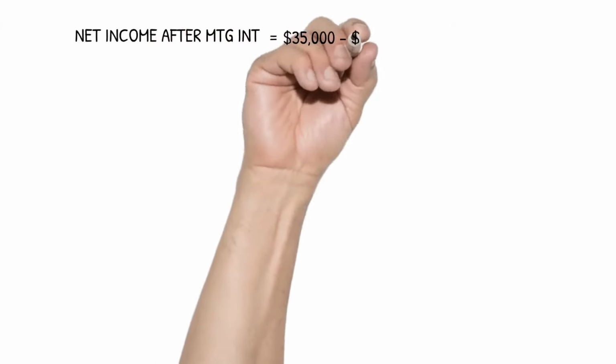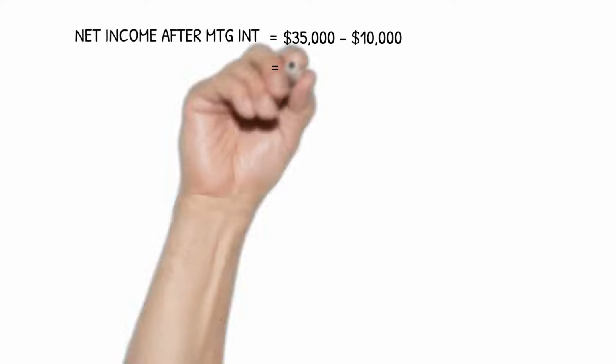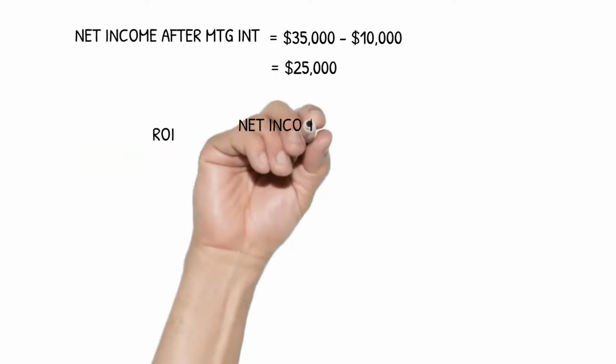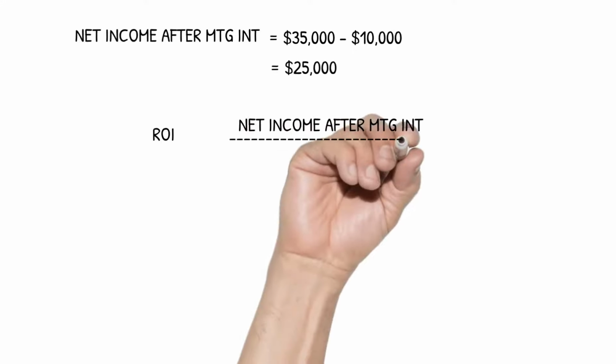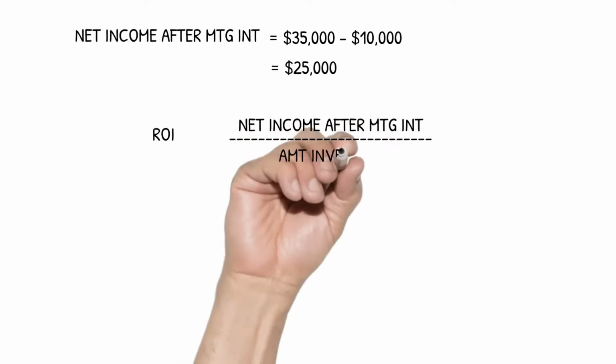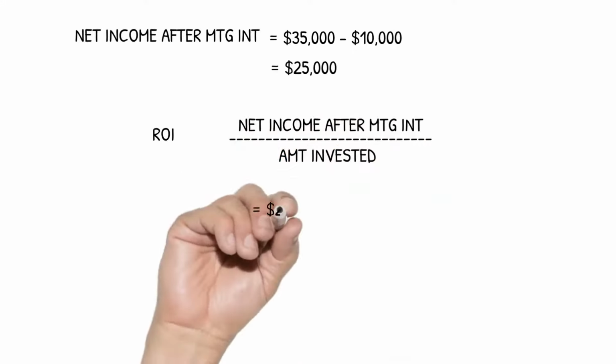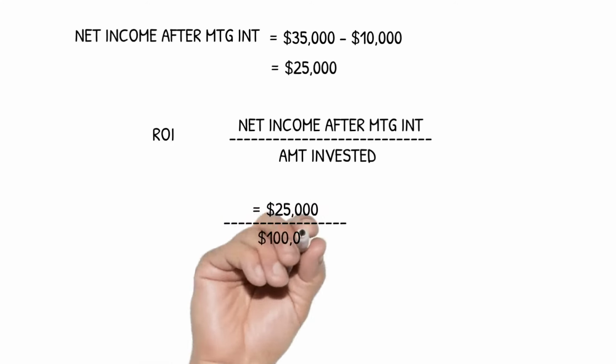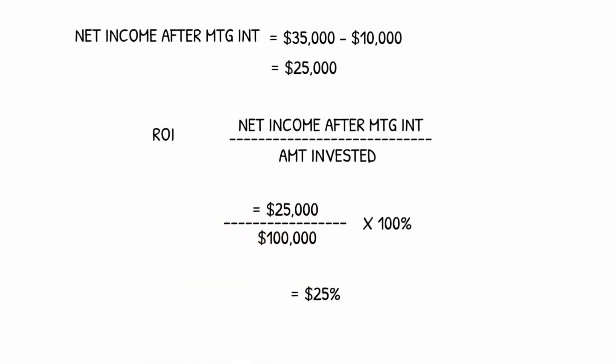In this case, it'd be $35,000 minus $10,000 interest, which is $25,000. So your net earnings when you're carrying a debt is $25,000, but the amount you invested has decreased to $100,000. So if you take $25,000, divide by $100,000, multiply by 100%, we see that with 20% down, your return jumps to 25%. Huge.